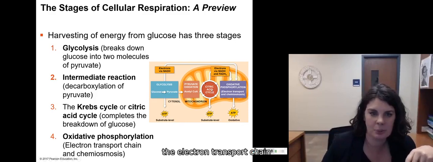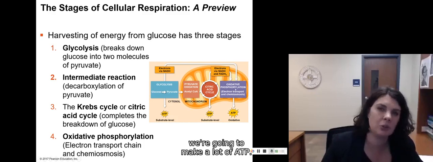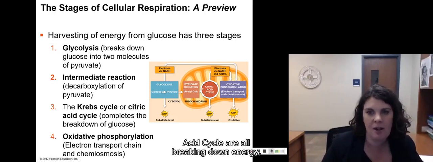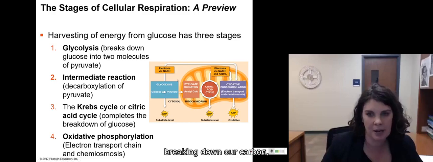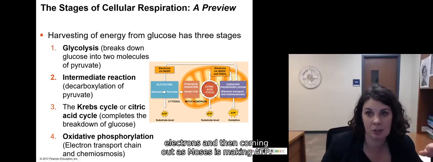They take their electrons to the electron transport chain, where we have oxidative phosphorylation. We're going to make a lot of ATP. So glycolysis, pyruvate oxidation, and the citric acid cycle are all breaking down our carbon, breaking down our sugar. The electron transport chain is taking the energy from electrons, and then chemiosmosis is making ATP.